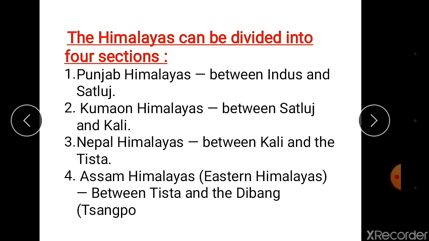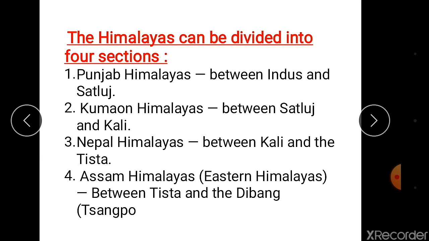The part of the Himalayas lying between the Indus and Satluj has traditionally been known as the Punjab Himalaya. First division, Punjab Himalaya, in between Indus and Satluj. Second division is Kumaun Himalaya, in between Satluj and Kali.